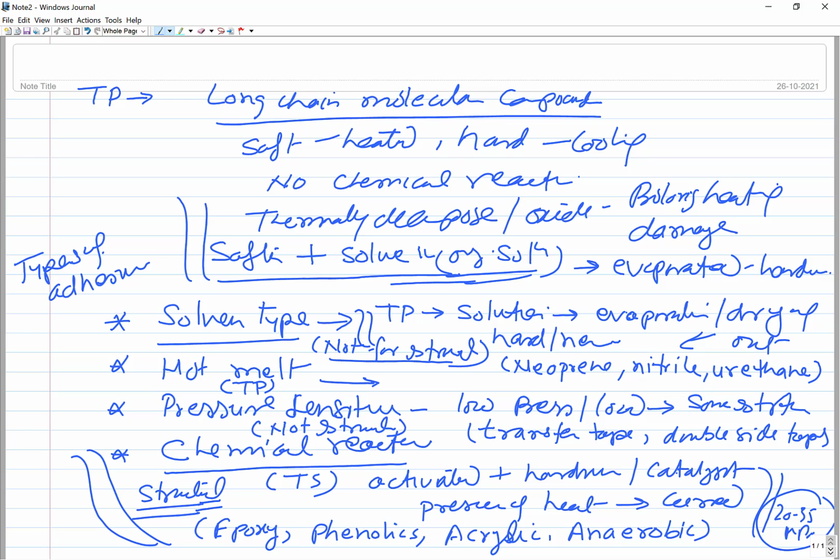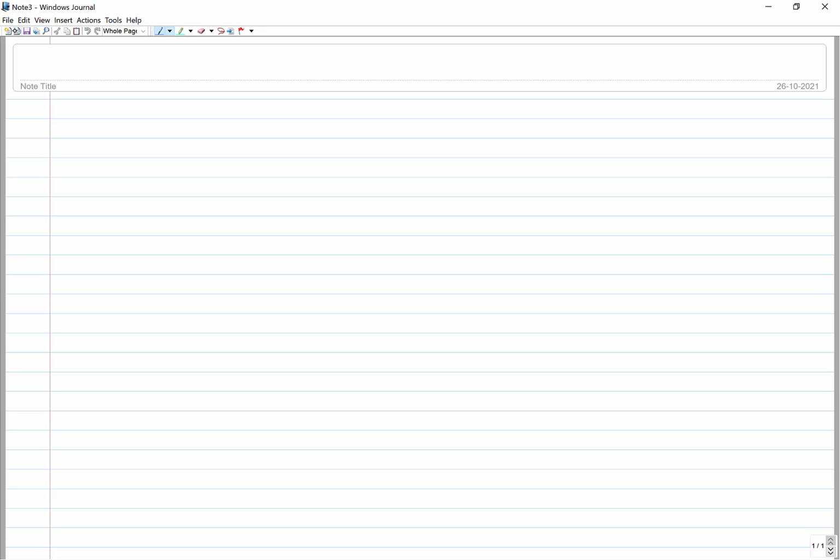This approach is good for hybridization of joining. You can use it with weld bonding, with mechanical fastening, or even with laser welding or friction welding, etc. So a number of other options are available for hybridization purposes.